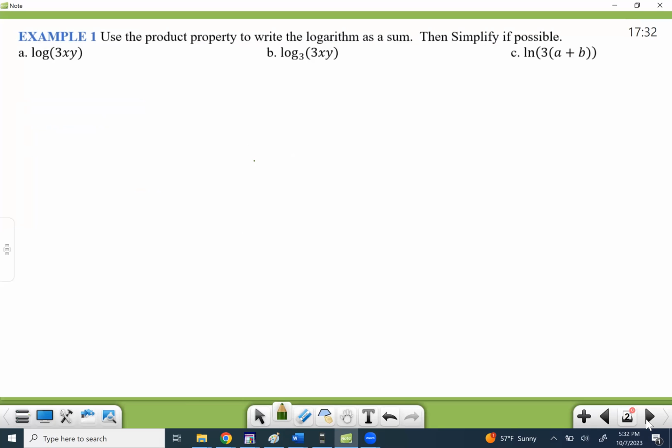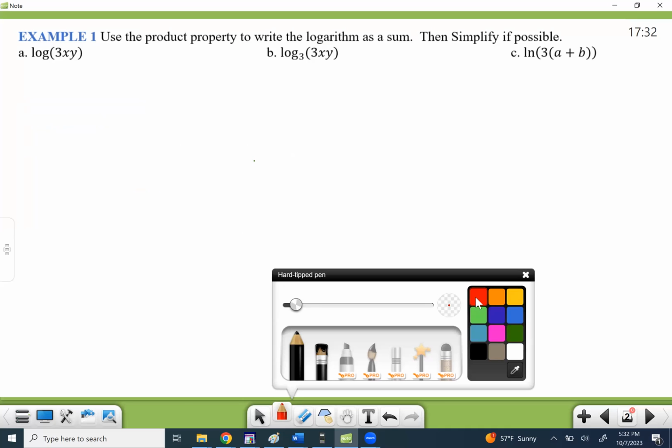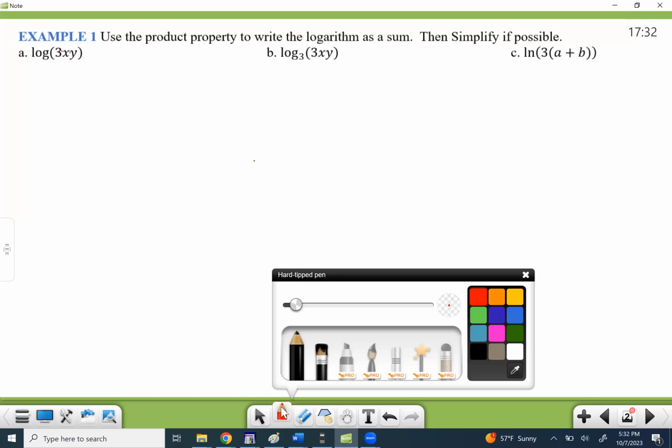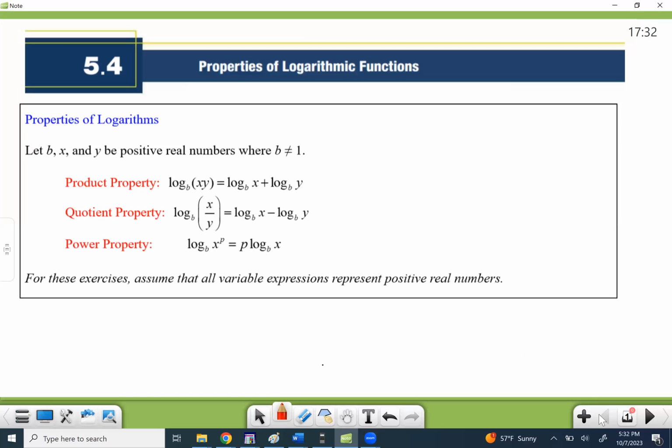Use the product property to write the logarithm as a sum. We actually have 3 multiplication signs here: between the 3 and the x, and between the x and the y. So we're going to split this into 3 logs instead of 2. In the property, there was only 1 multiplication sign, which is why it only split into 2 logs.